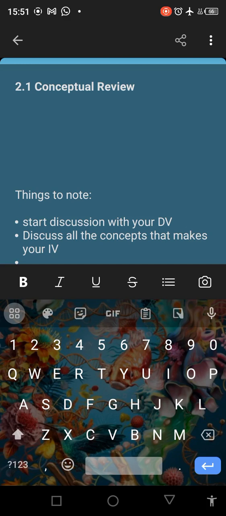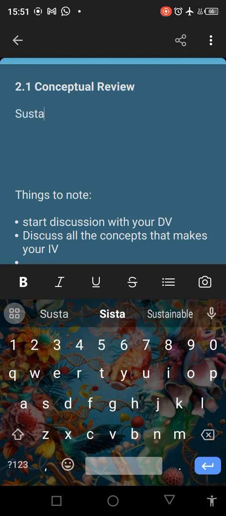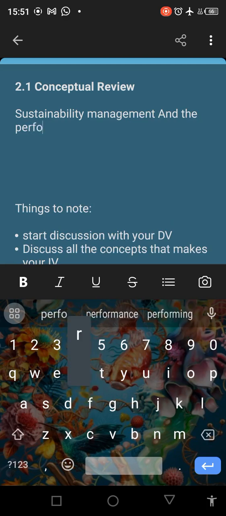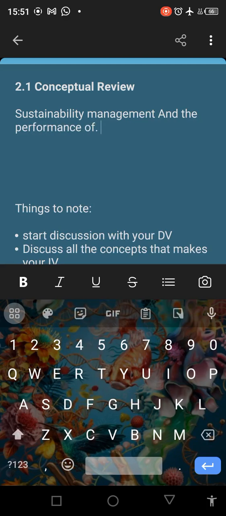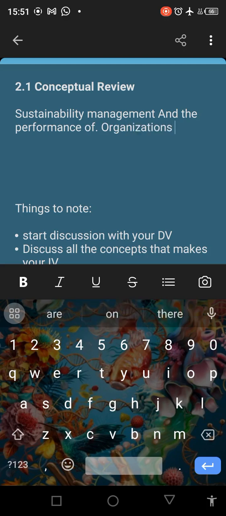Now, in order for you to understand better, let's take for instance that I am working on a topic that has to do with sustainability accounting and reporting, or sustainability management, and the performance of organizations in Nigeria.